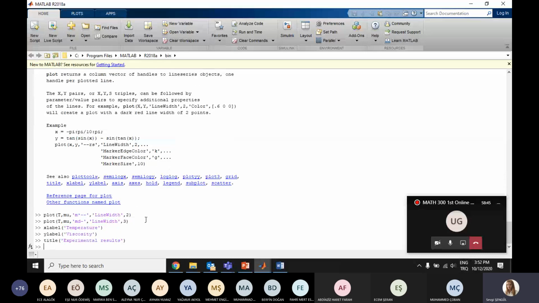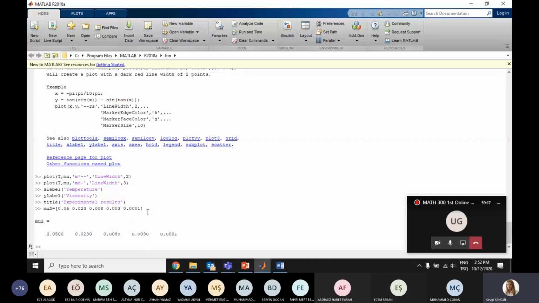And for a different pH value, for example, you did another experiment and you found the values like that: 5, 0.0, 23, 0.008, 0.003, 0.0001. Let's say. This is your second mu2.